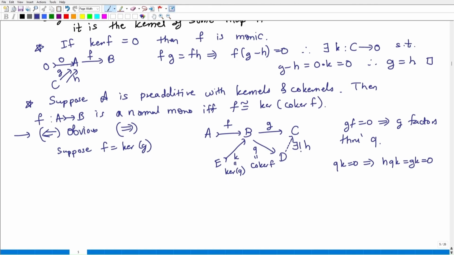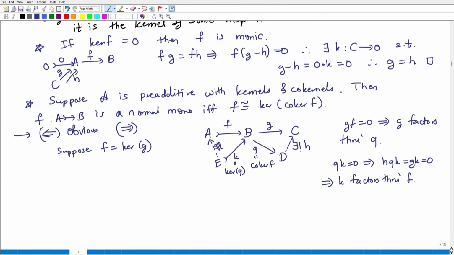What does that mean? So therefore K factors through F, which means there is a morphism from E to A. Very good. Let me call that L.